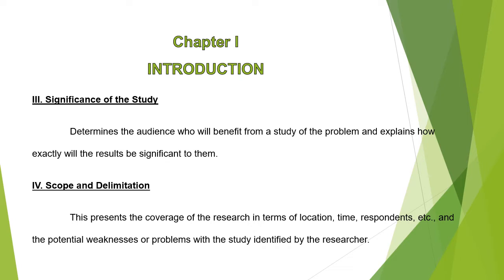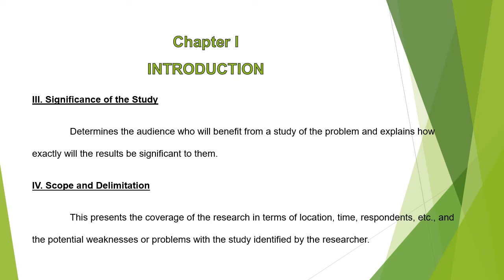Okay, we also have number 4, which is the scope and the limitation. This presents the coverage of the research in terms of location, time, respondents, and the potential weaknesses or problems within the study identified by the researchers. From the topics that you have mentioned, more or less, we are limiting our respondents to senior high school.